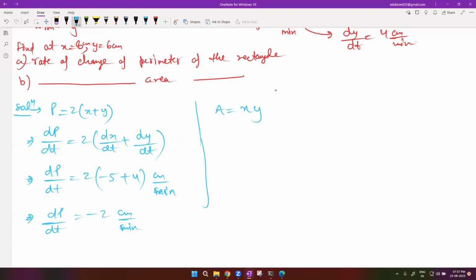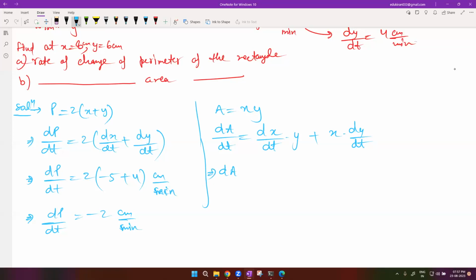Now here we have to apply the product rule. So if we find out dA by dt, then it should be dx by dt, y as it is, plus x as it is, dy by dt. Right?